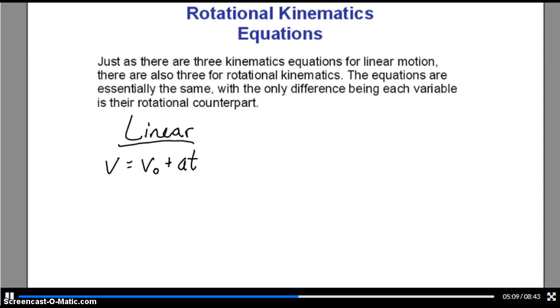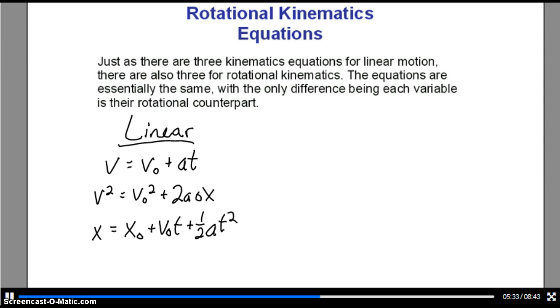We also had the v squared equation: v squared is equal to v0 squared plus 2a delta x. And last but not least, we had the position equation for an accelerating object: x is equal to x initial plus initial velocity times time plus 1/2 at squared.